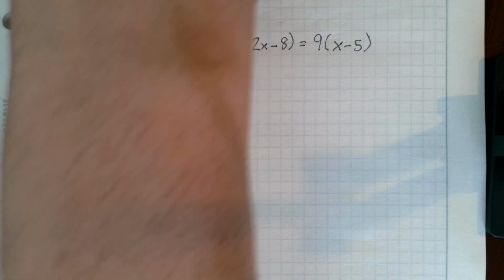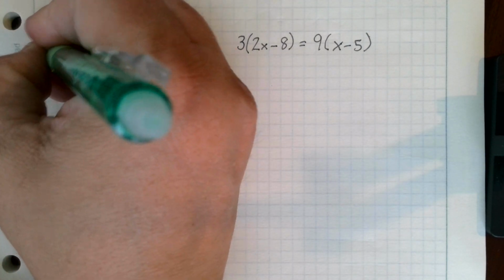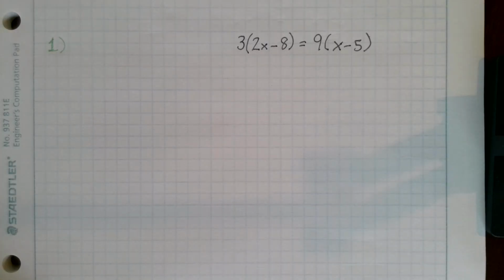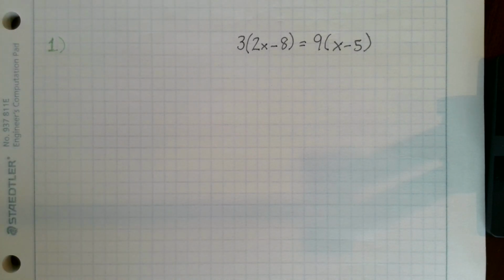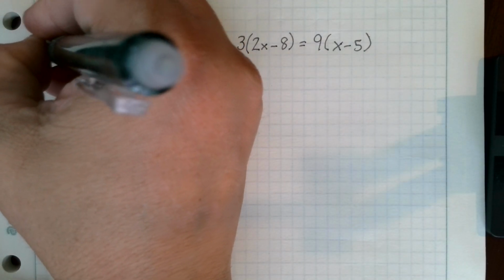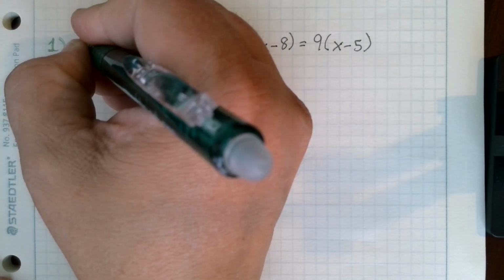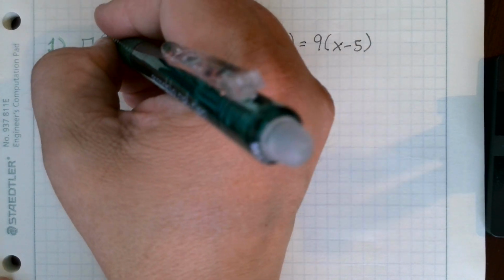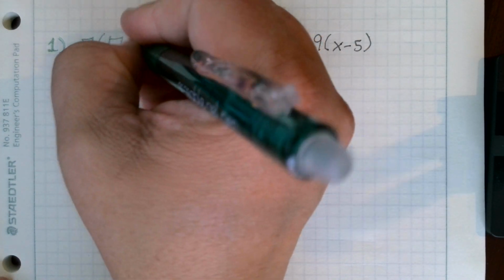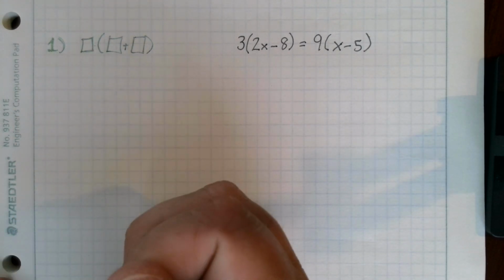So our first step is, one, if we need to, we distribute, okay? And how do you know if you have to distribute? Well, you distribute when you see a number or a variable that is in front of parentheses with nothing in between, no plus or minus.